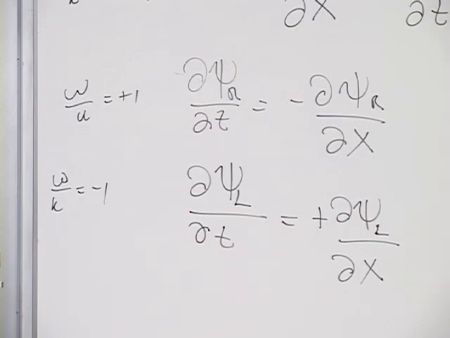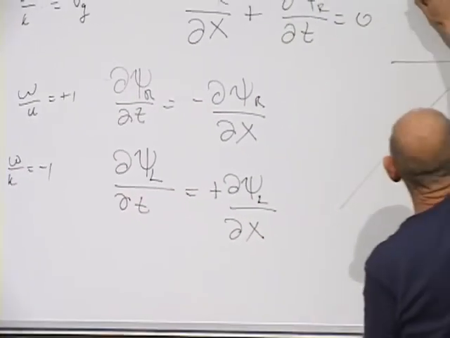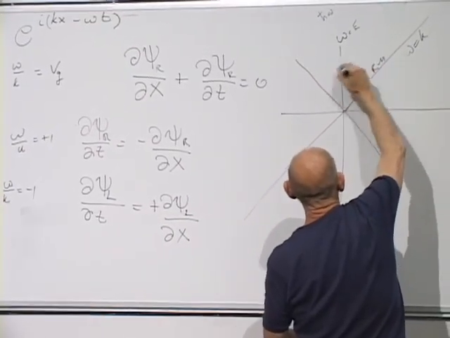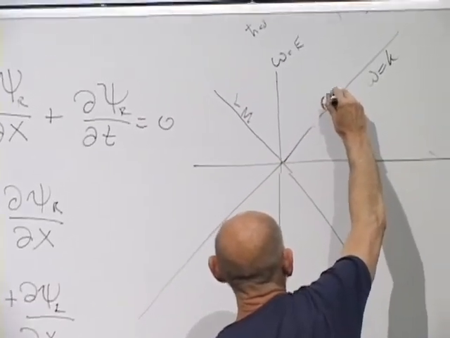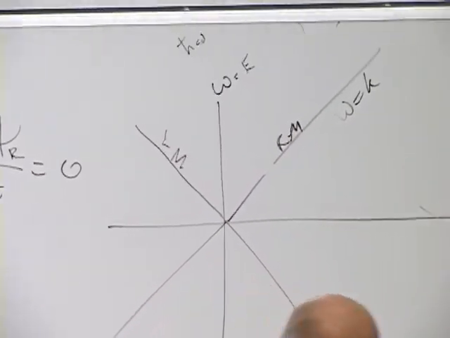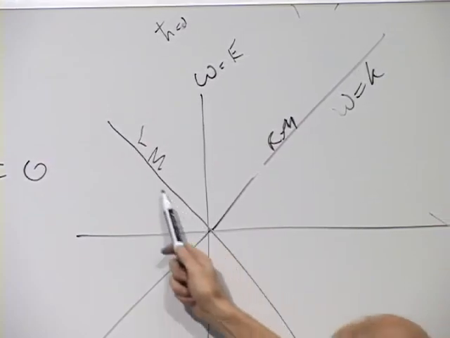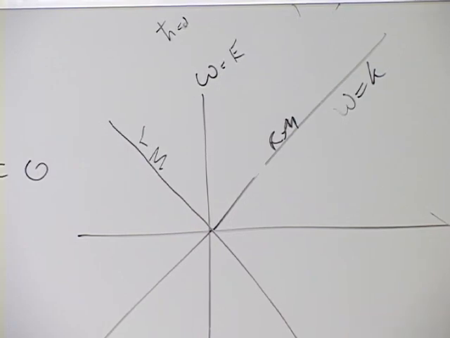Now we have a bunch of left-moving particles with positive energy. In other words, there's another branch here. These are right movers, these are left movers. There's another branch with positive energy, but also another branch with negative energy.